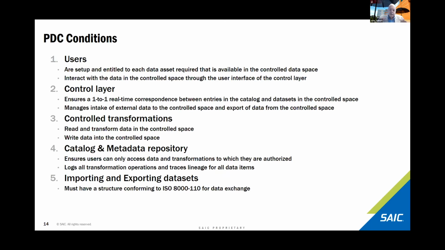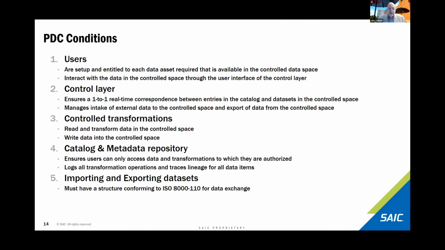And then once you have this closed ecosystem, of course you need a way to get data in and out of it, and potentially to exchange with other people. If this were to really catch on and other people were using positive data control systems, they need a way to exchange data with each other.